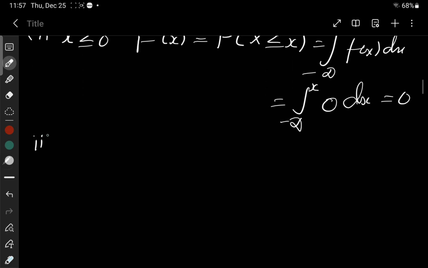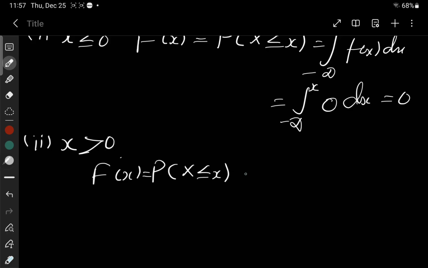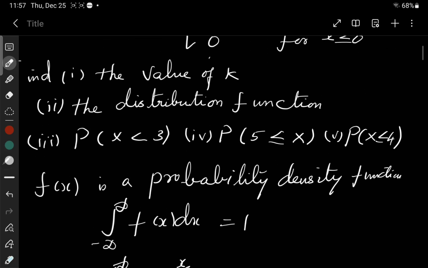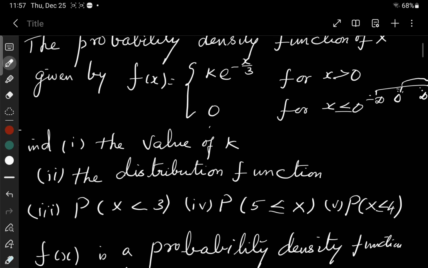Second case, for x greater than 0, F of x is P of X less than or equal to x, the integral from minus infinity to x of f of x dx. For x greater than 0, our function is defined as k into e power minus x by 3.